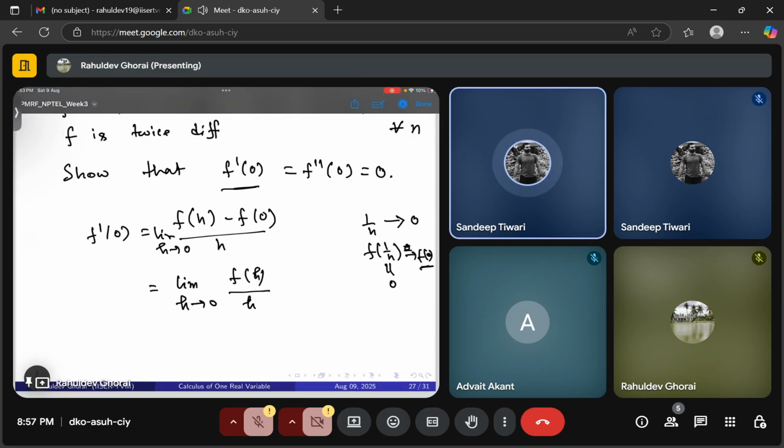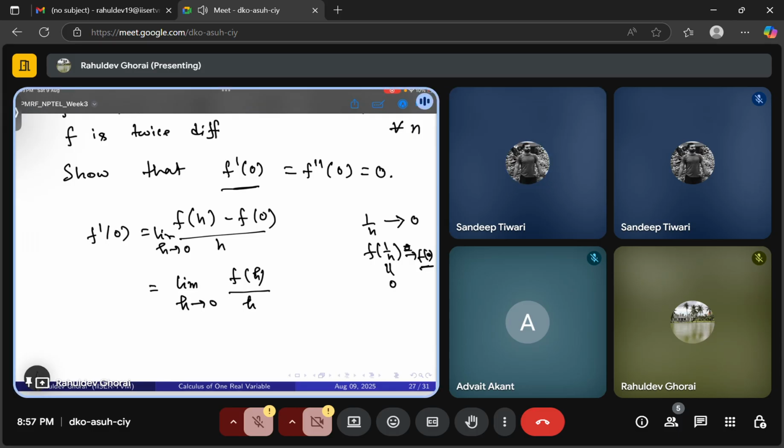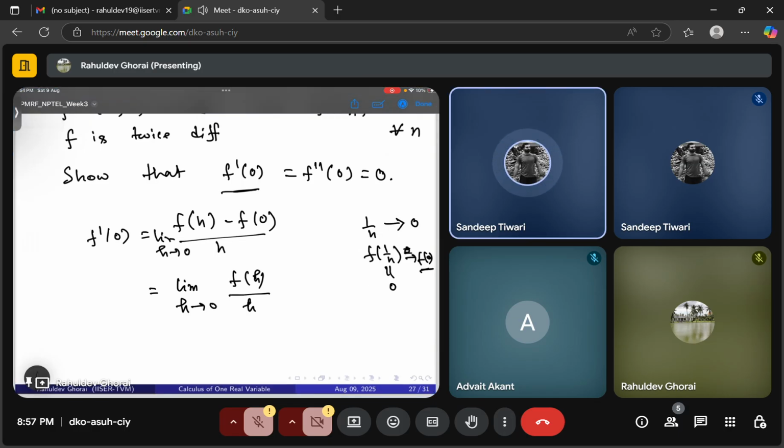Now, sir, here we can use the sequential criterion. Yes, that's what we will use. But how? What to use so that it will be 0? Sir, since it is twice differentiable, the first derivative will exist. So when we tend to zero using any sequence, it must exist. Yeah, it exists.